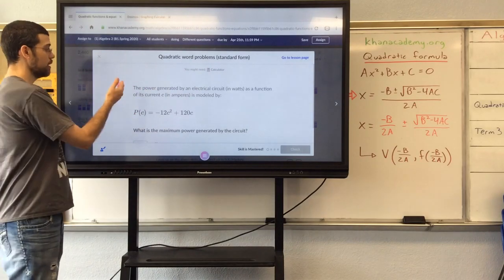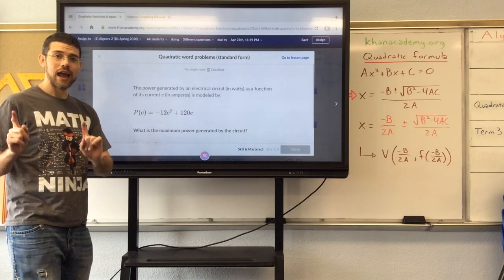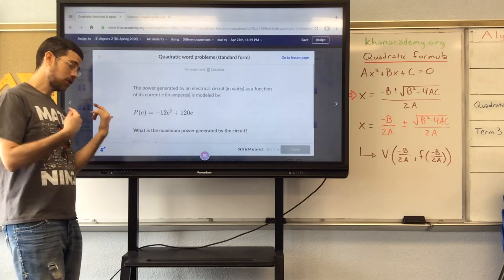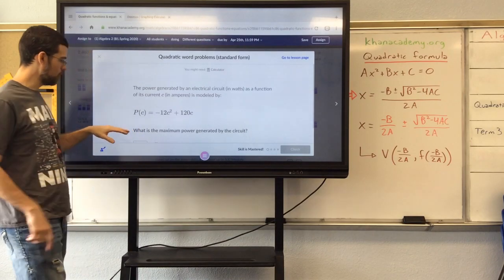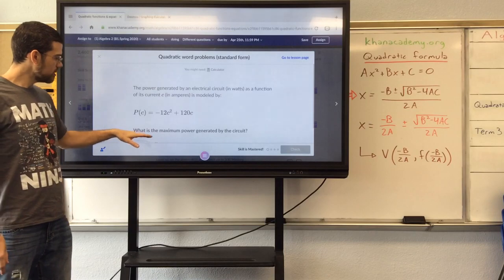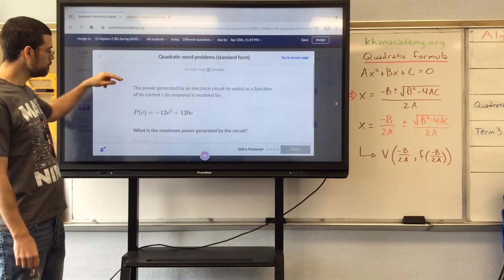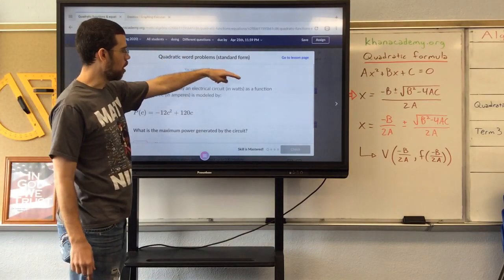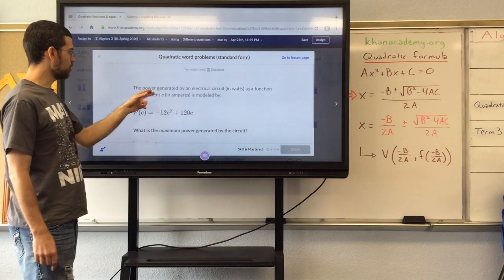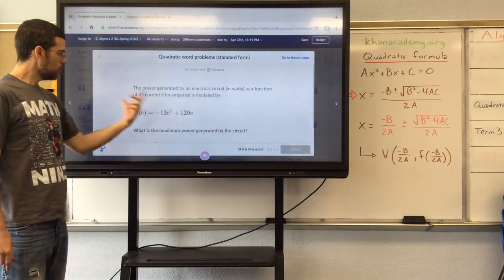Okay, here's the context. Well, actually, it's a good idea to look at the question first and then go back and try to interpret the context with the question in mind. So, the question is, what is the maximum power generated by the circuit? The power generated by an electric circuit in watts as a function of its current, C, is modeled by this equation.